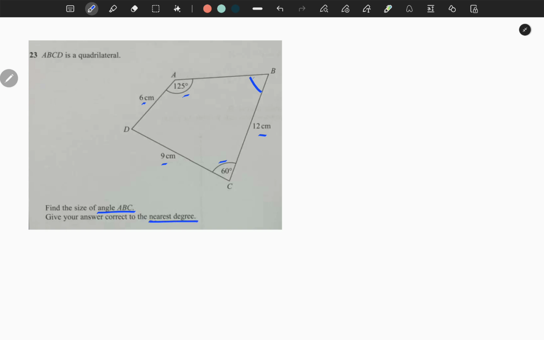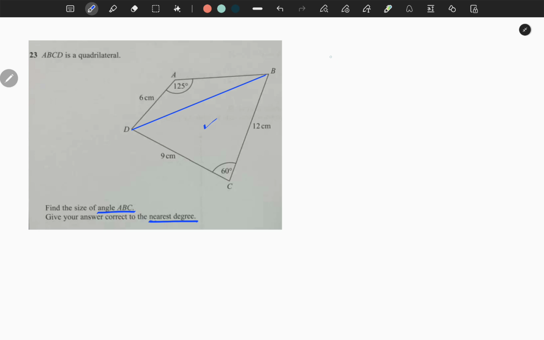All right, so how are we going to do this? Let me just undo all of that scribbling, and I'll show you. First thing to consider, the line DB. If we look at this triangle here, the larger triangle, we can use the cosine rule to find the length of DB.